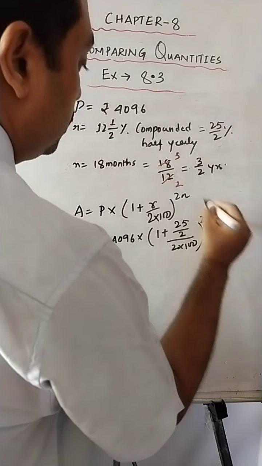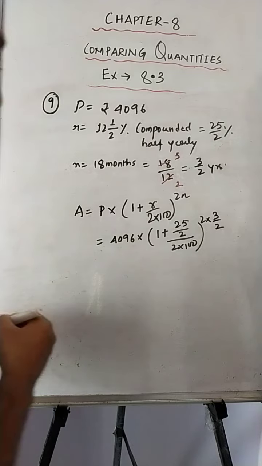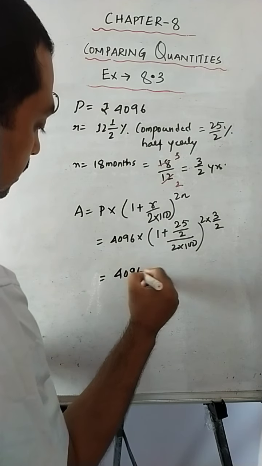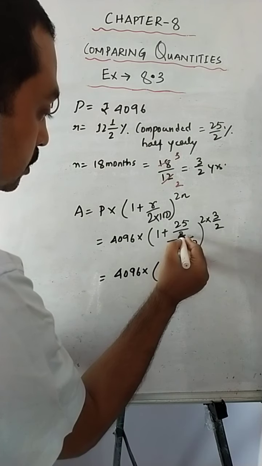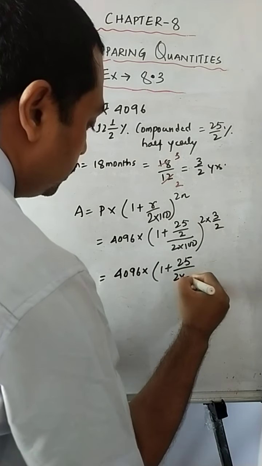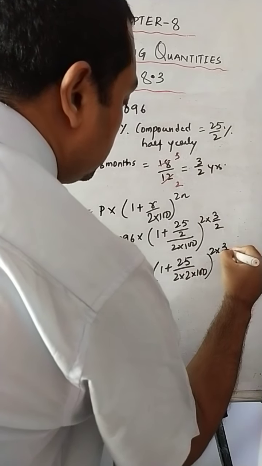So 2 into n would be 3 by 2. Now in the next line we'll reduce. So 4096 into 1 plus, now this 2 will come down to the denominator, 25 by 2 into 100, to the power 2 into 3 by 2.